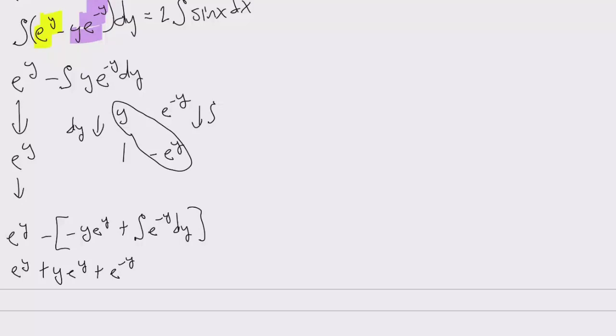Okay, so that's all on the left side. So what's going on the right side? So I'm going to carry this down a little bit. We have 2 integral of sine x dx. That's a pretty straightforward integral there. So that'd be negative 2 cosine x, and then we have our plus c.